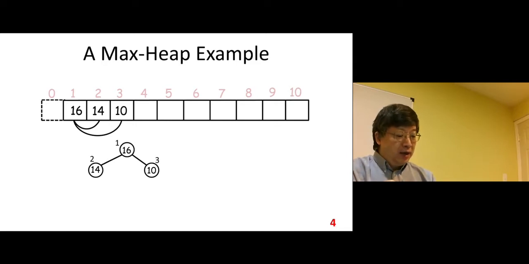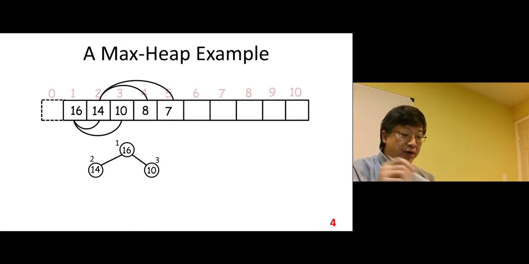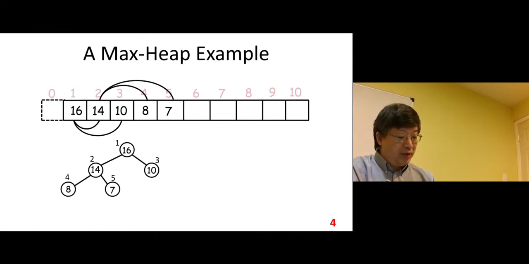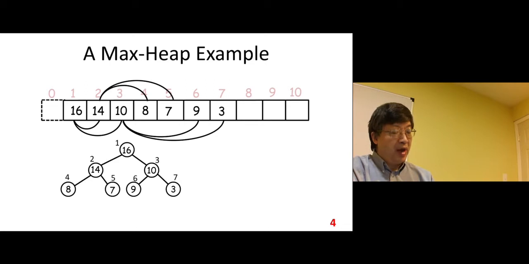All right. Next, we consider node 2. Node 2 has 2 child nodes. And we can draw the branches in that way. Node 3, 2 child nodes, then we can draw 2 branches like that.